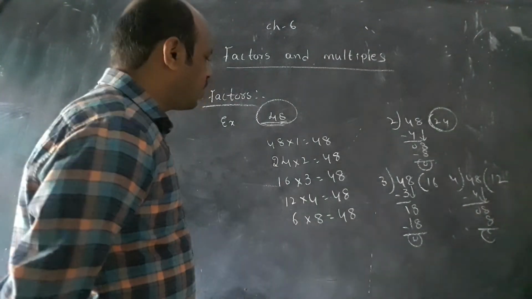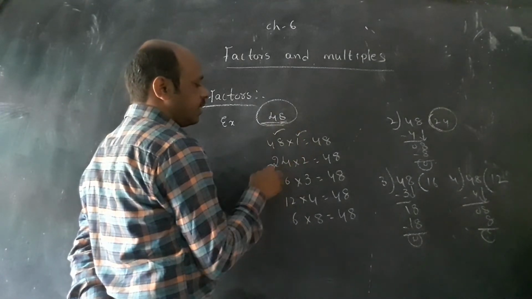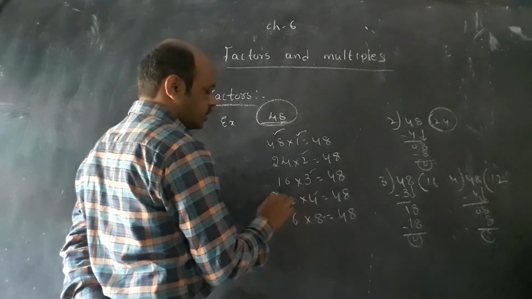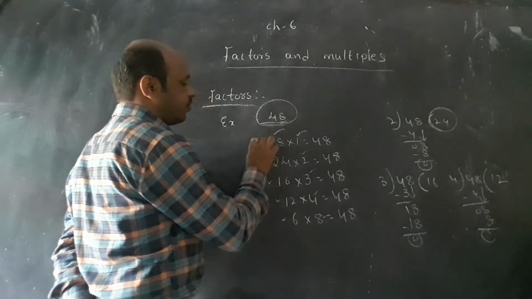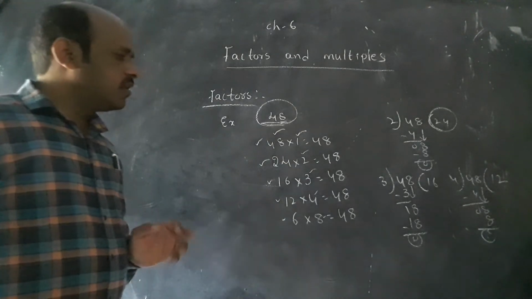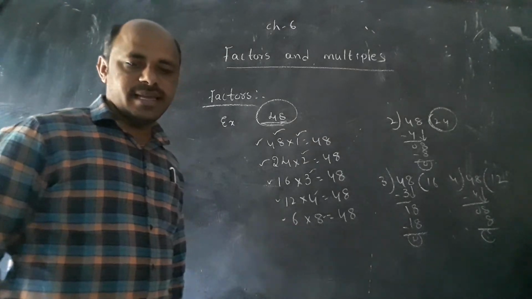See here, now what will it be? 48 is divisible by 1, 2, 3, 4, 6, 8, 12, 16, 24 and 48. All these components we will say are factors of 48.